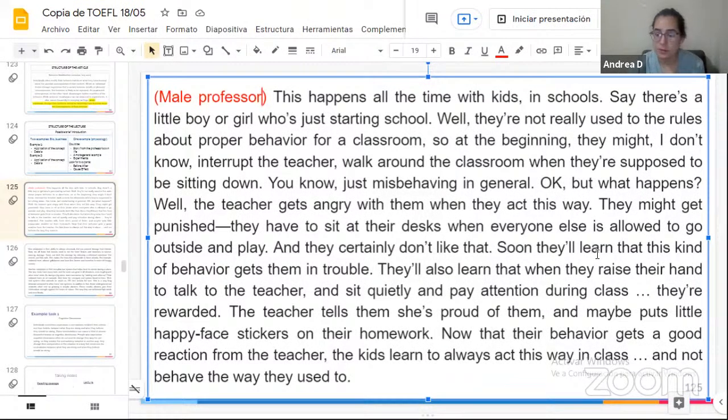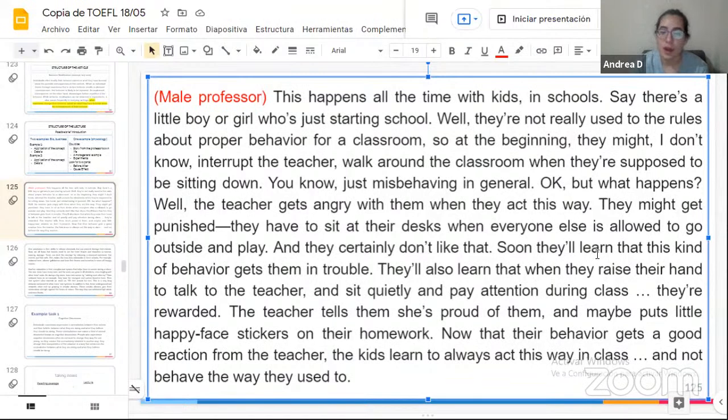Anybody can tell me? How kids react in a school to the teacher about how to behave. Good, perfect. So yeah, it's about how kids behave in the classroom at school.